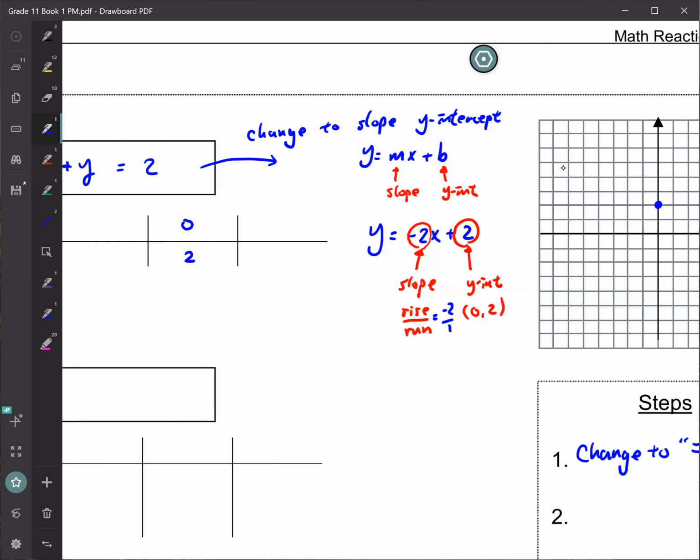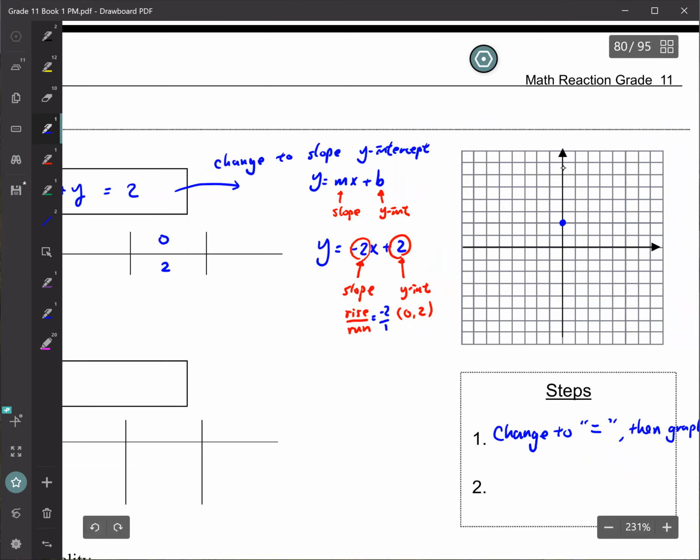Run is left and right. Rising up or down, running to the left, running to the right. If the rise is negative 2, that means you have to go down. Down 2, run is 1, positive means you have to go to the right. So down 2, right 1.